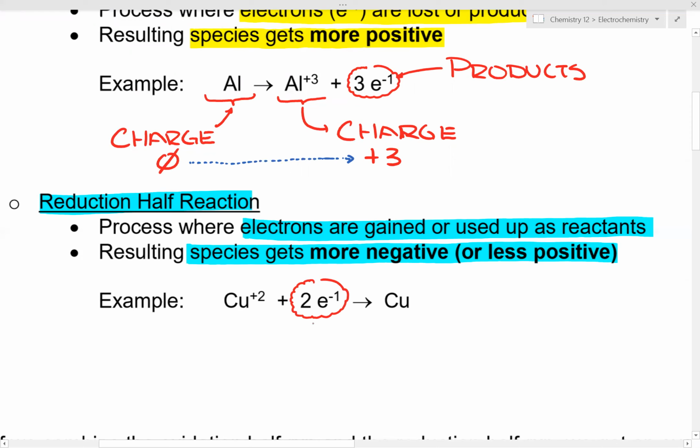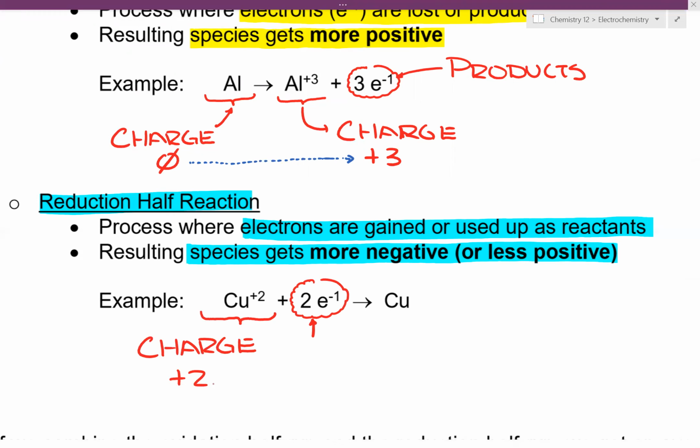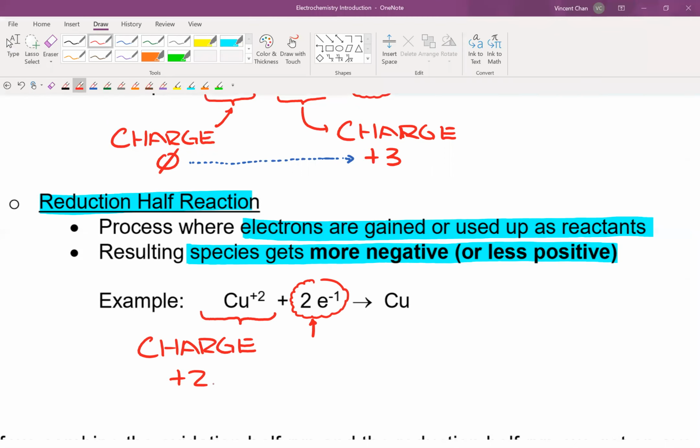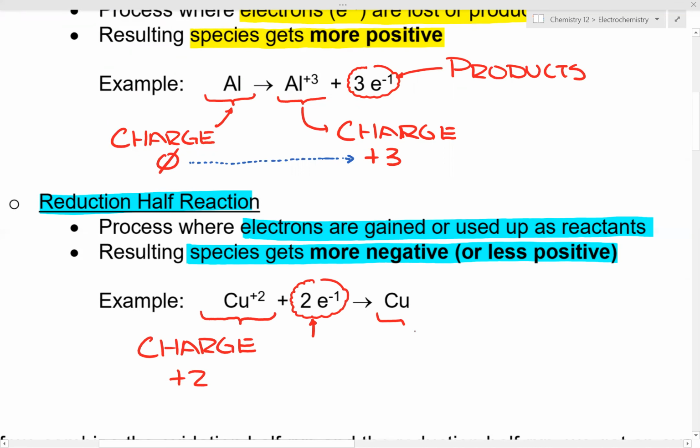Where are they found? Okay, now notice what happens here: here you have a charge of +2. And here as a result you have a charge of 0.